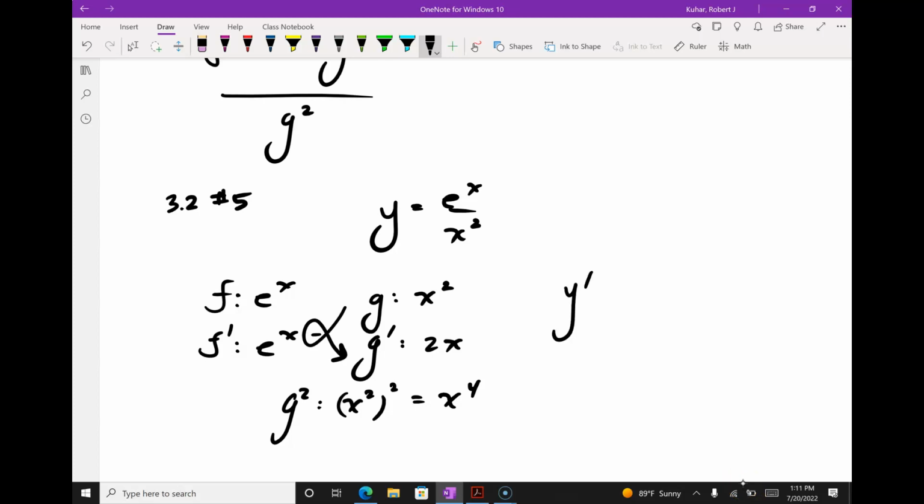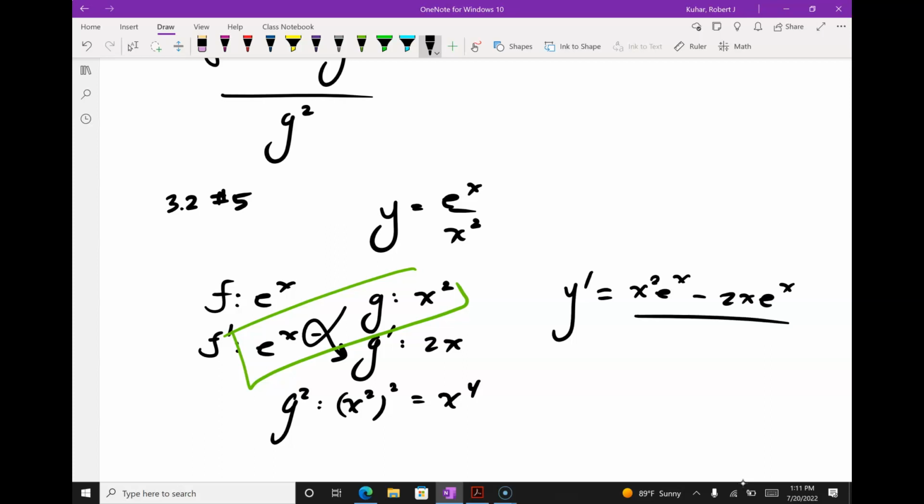So y prime, is that okay? Everybody there? Y prime, I'm taking this one first, right? Is x squared e to the x minus 2x times e to the x all over x to the 4th. That's simple. You just got to stay organized, and you have to practice, right?